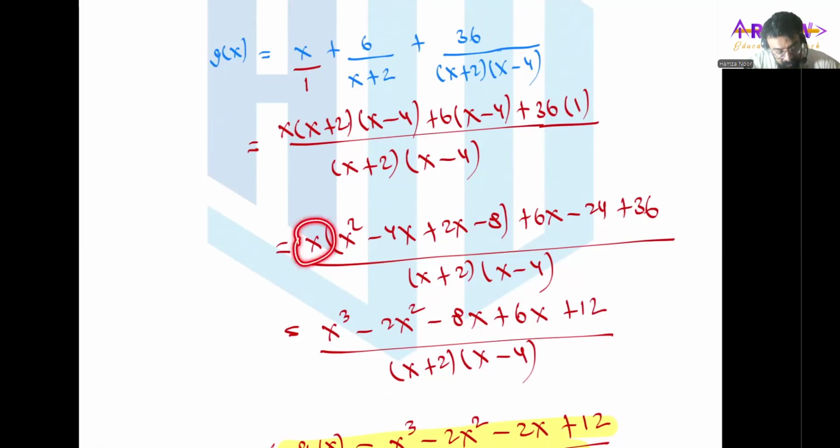So x is multiplied by x square minus 4x plus 2x minus 8, and then 6x minus 24, and then plus 36. Okay, so x square minus 2x minus 8 will be multiplied by x so that you are going to get x cube minus 2x square minus 8x plus 6x plus 12. Okay, because 36 minus 24 is 12.